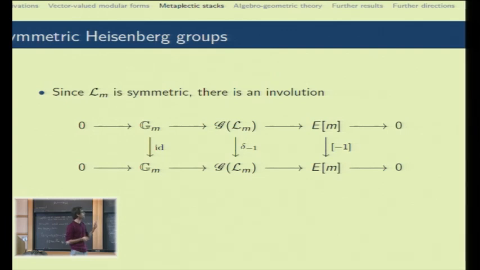And that induces an involution of my Heisenberg group that lies over the inversion morphism. E[m] is abelian, so that's actually an automorphism. And this delta_{-1}, using Mumford's notation, just lifts -1. It's the identity on G_m. That's the extra structure that we're going to use, because you need some extra structure. You'll see why.